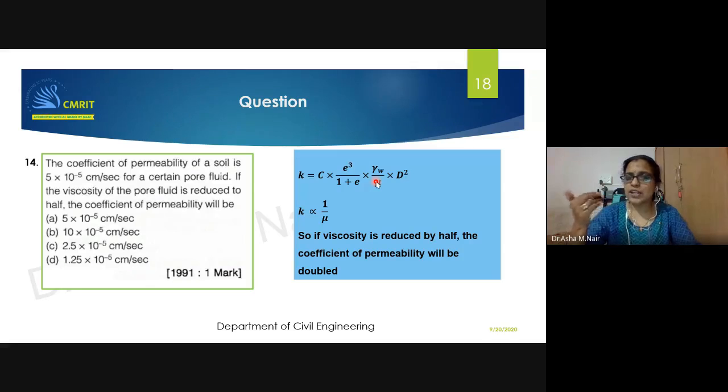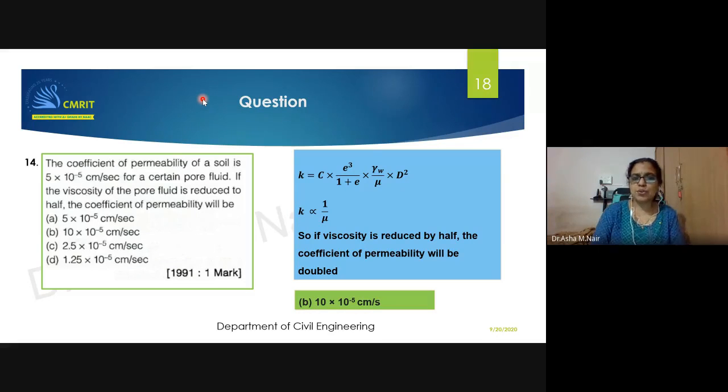Because K is inversely proportional to viscosity, or K is proportional to 1 by mu, so K becomes double. So what will be the answer in this case? If it has to get doubled, the answer should be 10 into 10 to the power of minus 5.